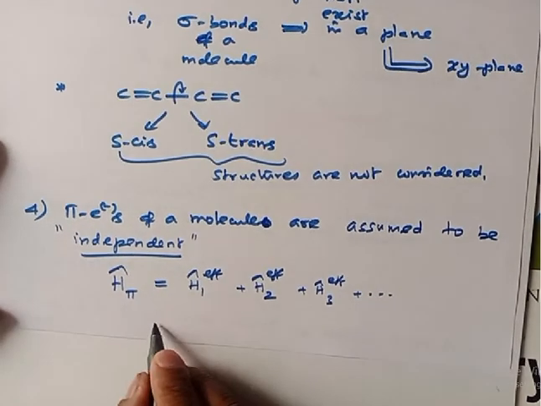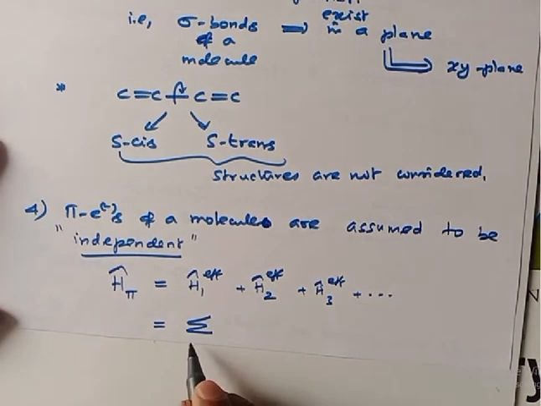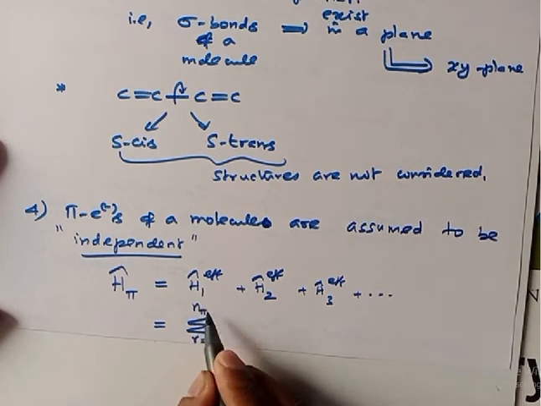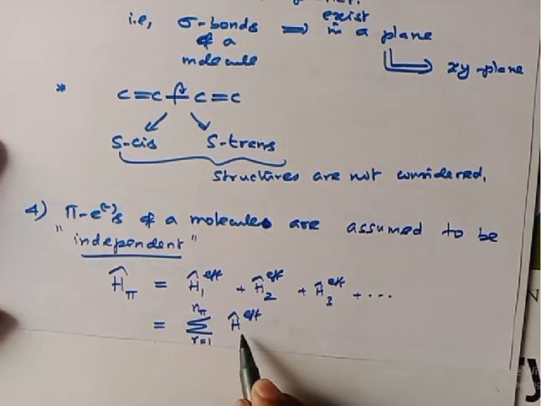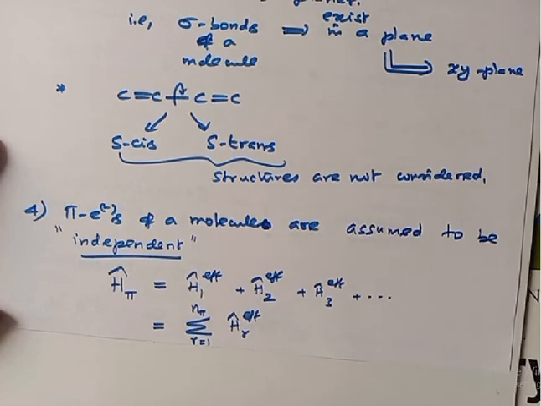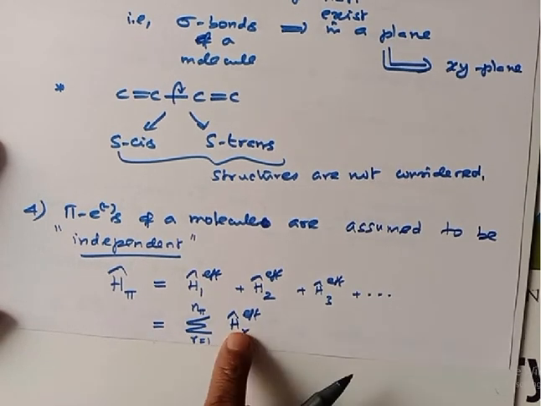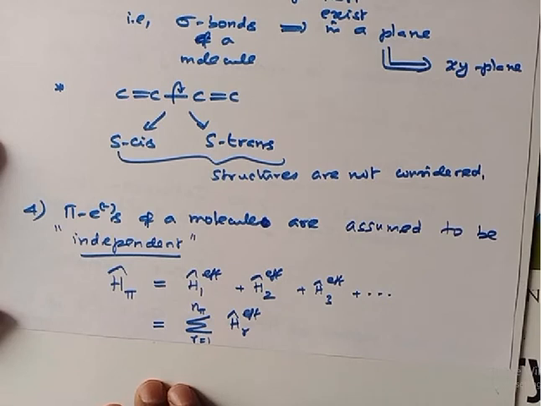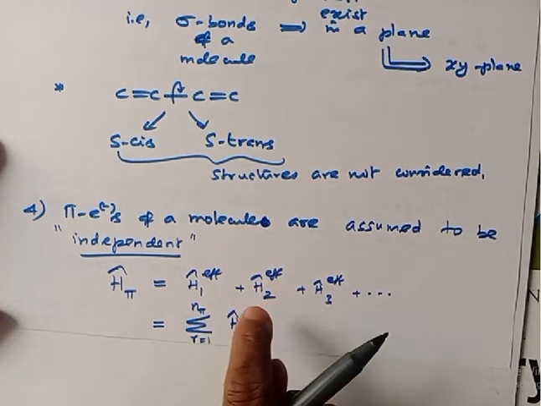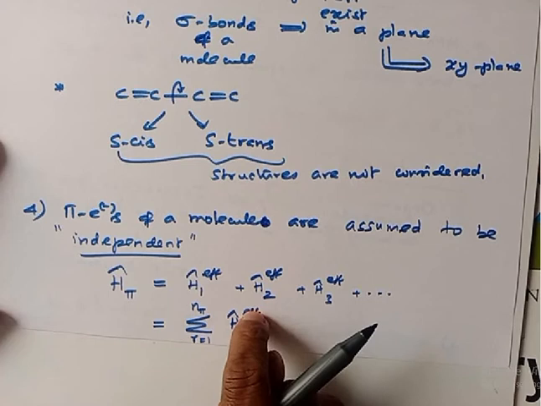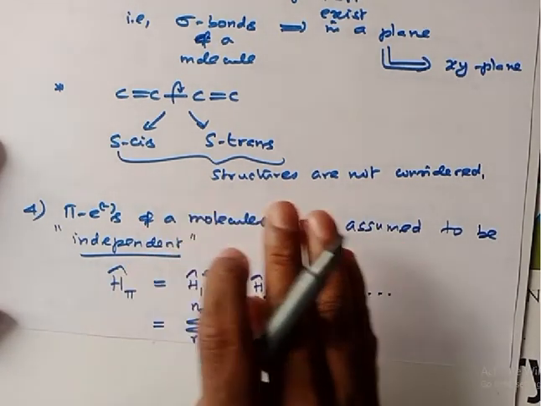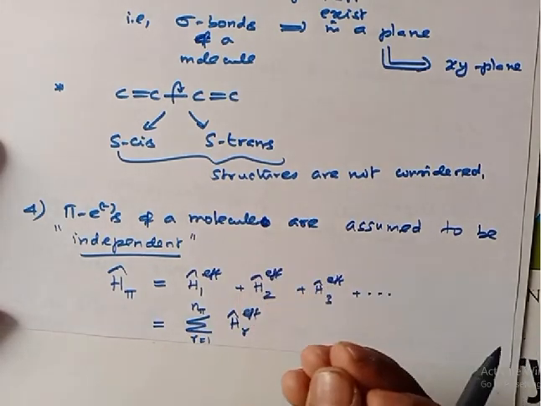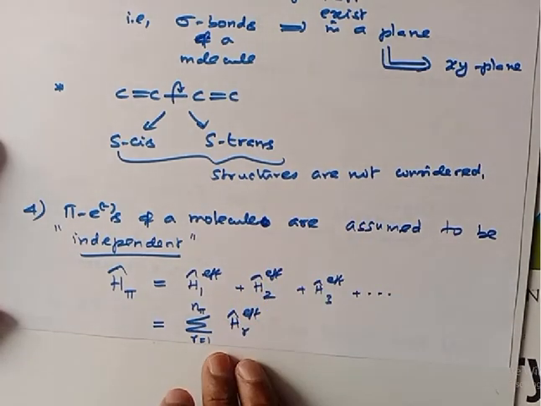Or I can write simply this as a summation, r equal to 1 to the number of pi electrons present in the system, of the effective Hamiltonian for the rth electron. So these are all effective Hamiltonians. What is meant by effective Hamiltonian here? The meaning is the Hamiltonian for the rth electron in the presence of all the sigma bonds and all the nuclei and all non-bonding electrons.